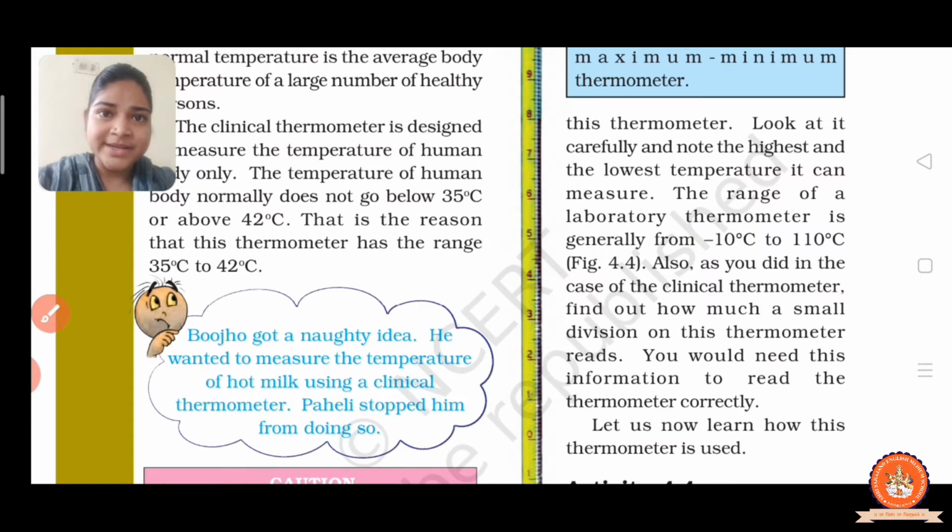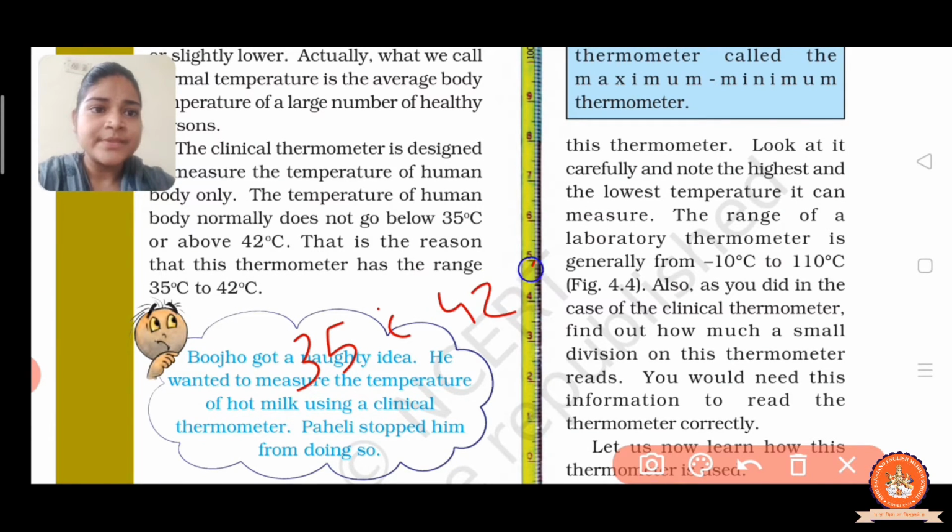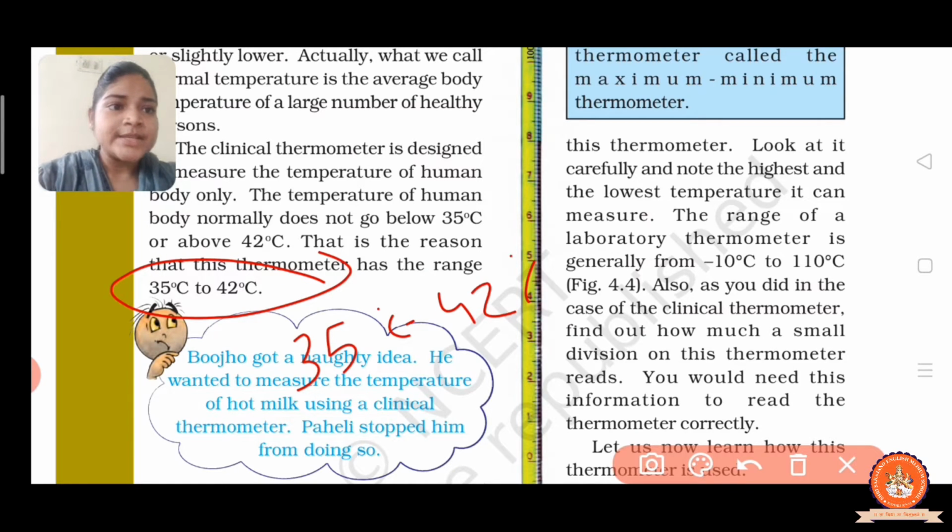But if you remember, the range of the clinical thermometer is 35 degrees Celsius to 42 degrees Celsius.